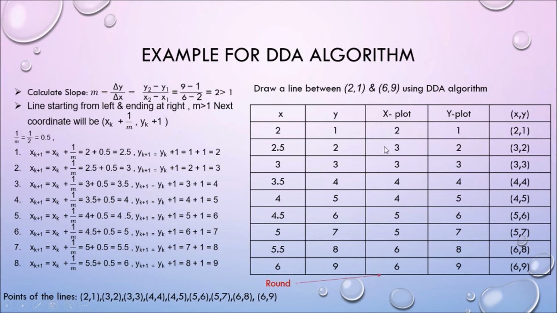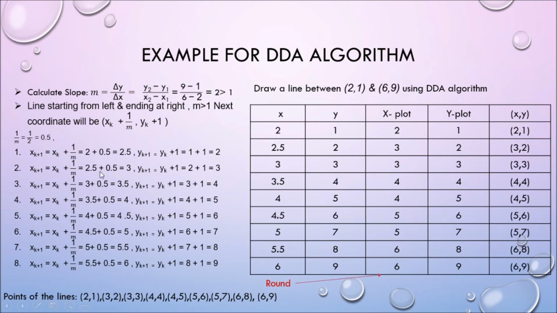Now here, when we plot the value of x, we cannot write it like this. We need to round it. So we will make a rounding operation, and it will be 3 here. And we will plot the value of y as it is. So our coordinate became 3, 2. Now we will continue the same process, and we will repeat until reaching the end point.